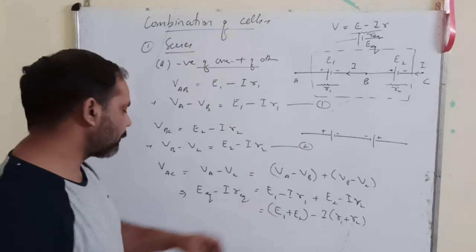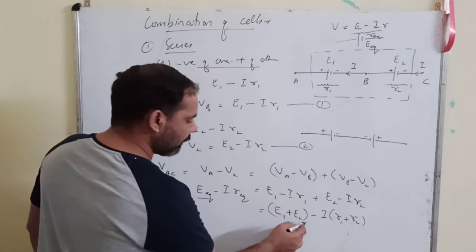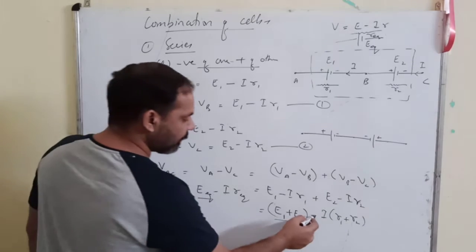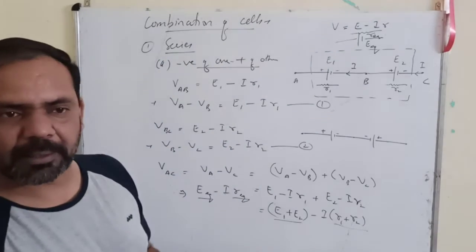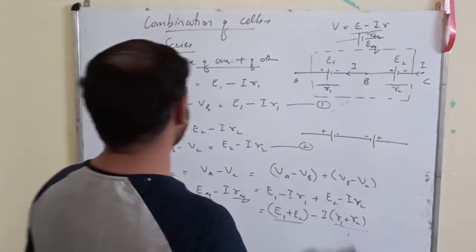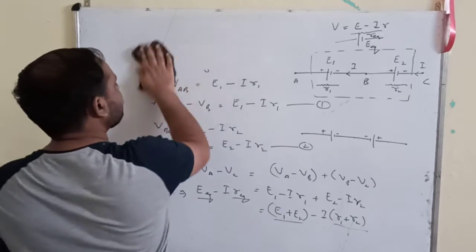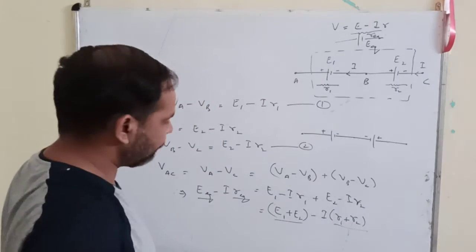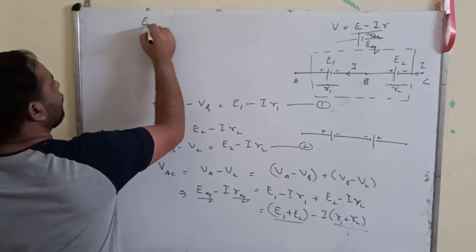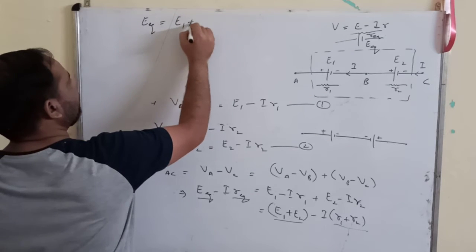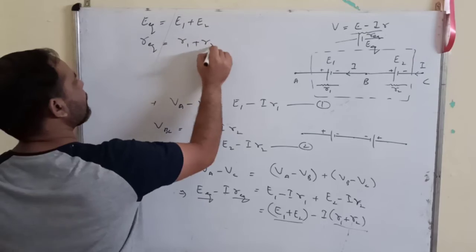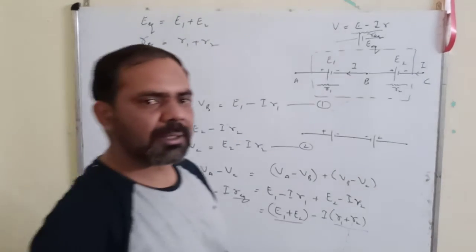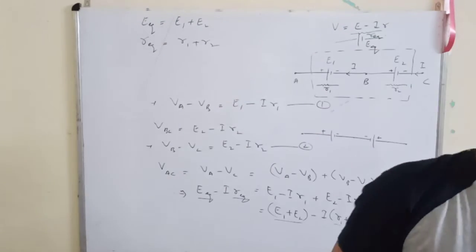So comparing the equations, EMF will be equal to this part, and minus I R equivalent will be equal to this part. On comparing both the equations, what we get finally is E equivalent equals E1 plus E2 and R equivalent equals R1 plus R2. So in series combination, how do we get the equivalent EMF?